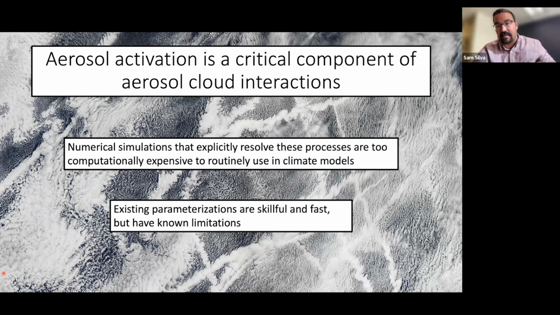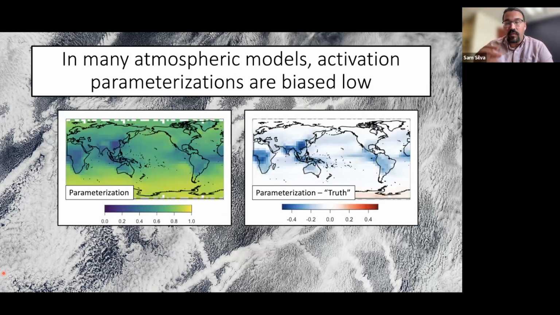These are some of the limitations that I have been very interested in over the past couple of years, and focused on in this work. When you run these parameterizations in models and then compare them to a detailed but slow parameterization, you find that many models have parameterizations that are biased fairly low. This is an example from the DOE's Earth System Model, E3SM.